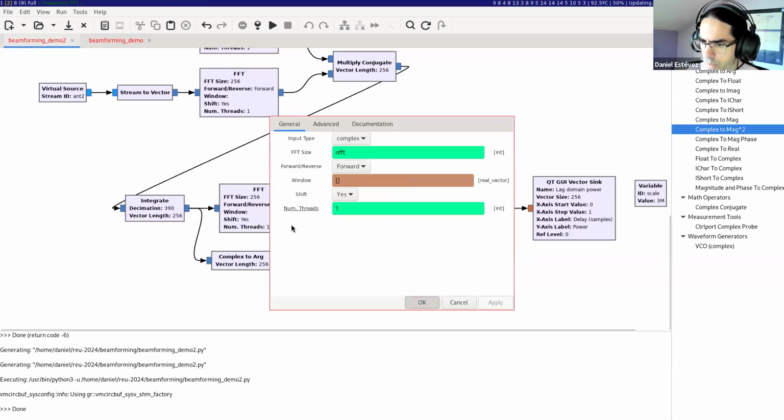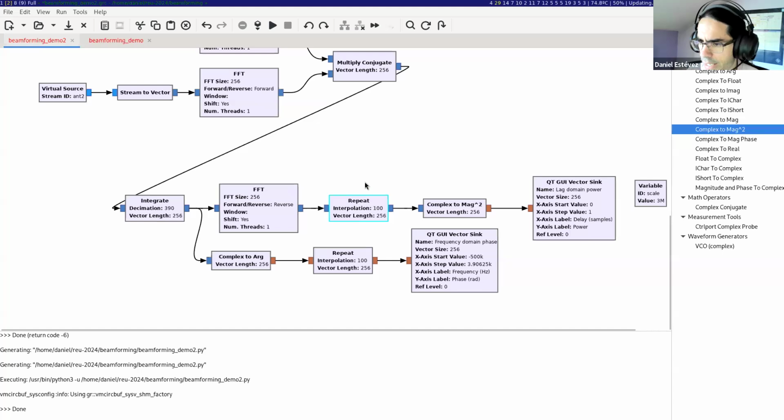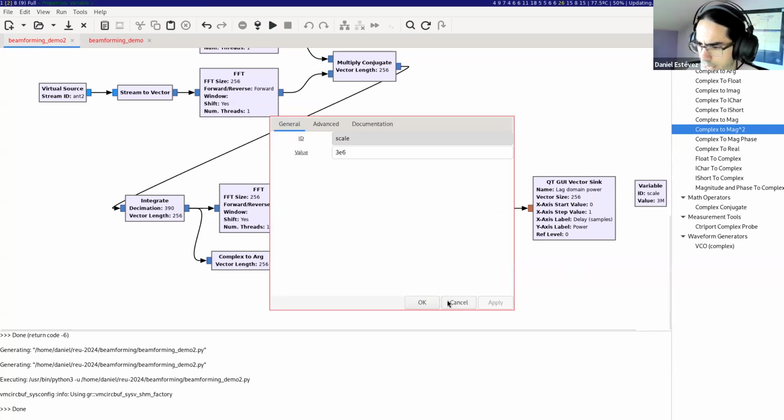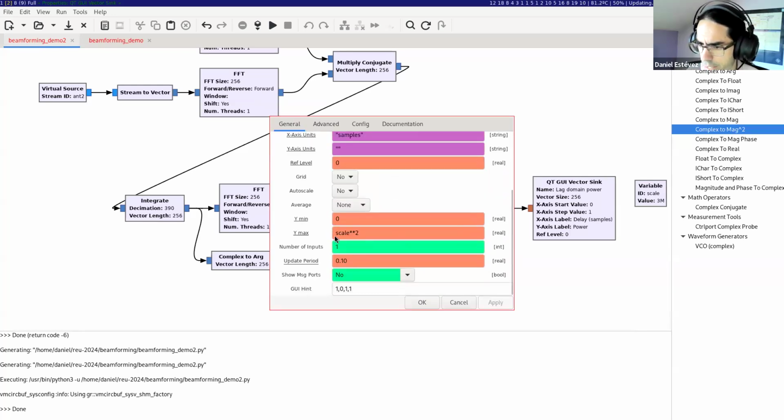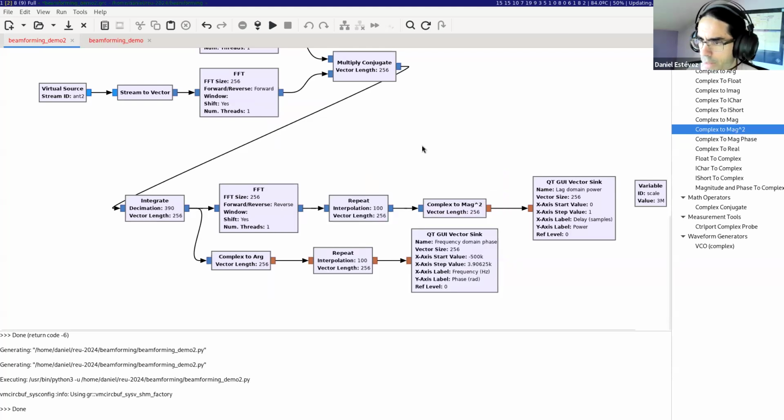This is the same as here. And then again, the trick with repeat, complex to magnitude; it doesn't matter the order of these two operations. They could be switched either way. And then the vector sink to plot. And this scale is for the plot, I guess. Where is it? Yes, Y maximum.